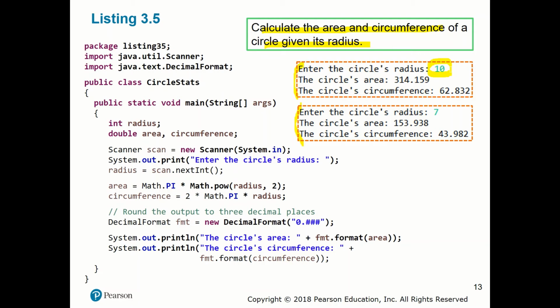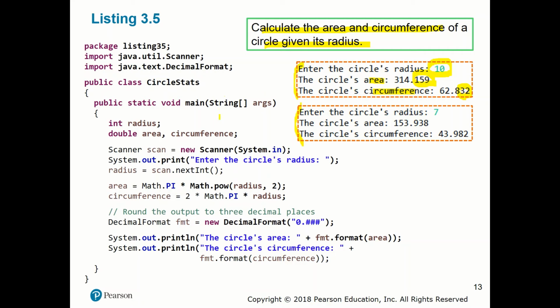Then with this number, it calculates area and circumference. Then it prints out the result like this. Both are printed up to three numbers below the decimal point. So we are going to use DecimalFormat to print out like this. Let's see the code.